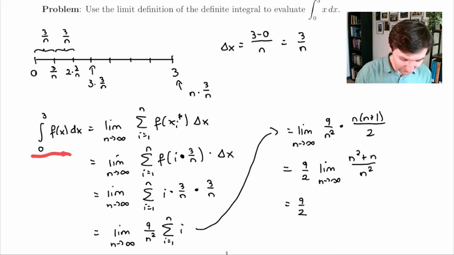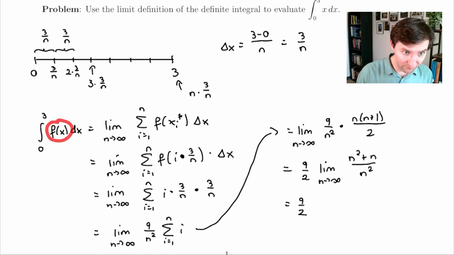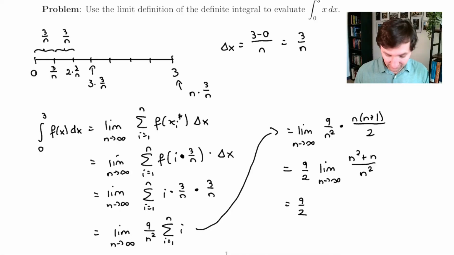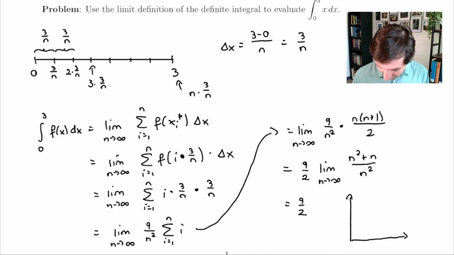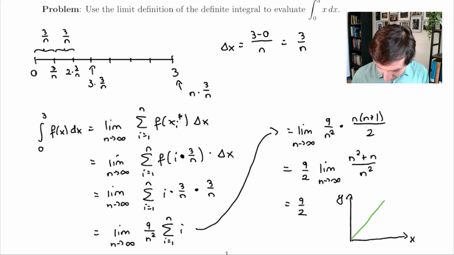This definite integral computes the area of the region under the graph of the function f of x between 0 and 3. If I was going to draw the function f of x equals x, I would get the following. I have the y-axis, I have the x-axis, and the function is y equals x. That was our function.